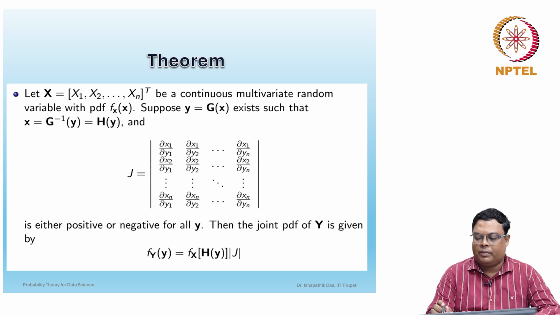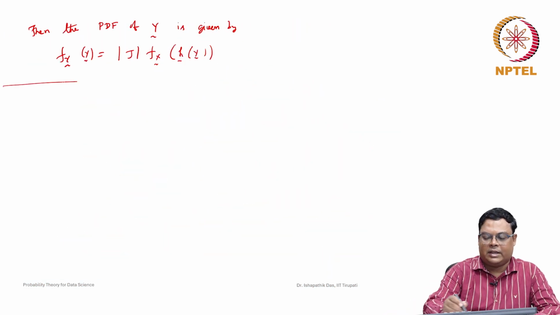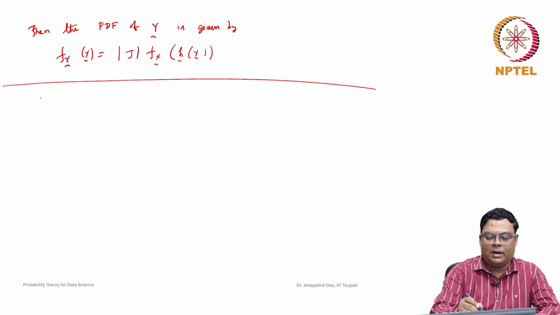Suppose y = g(x) is a transformation such that g inverse exists, x equal to g inverse of y, h(y), and the determinant of this Jacobian matrix is either positive or negative for all y. Then the joint probability density function of Y is given by f of y equal to the absolute value of the determinant of the Jacobian times f_X(h(y)). So basically this theorem can be extended to n random variables.